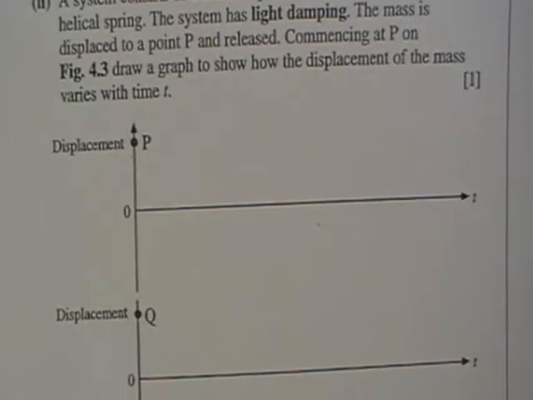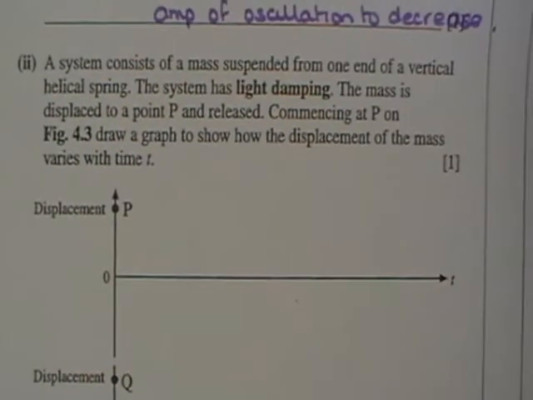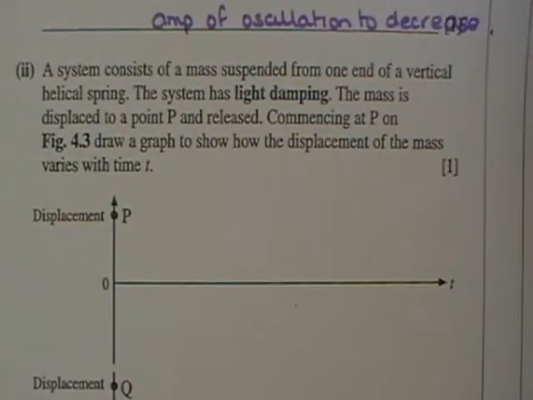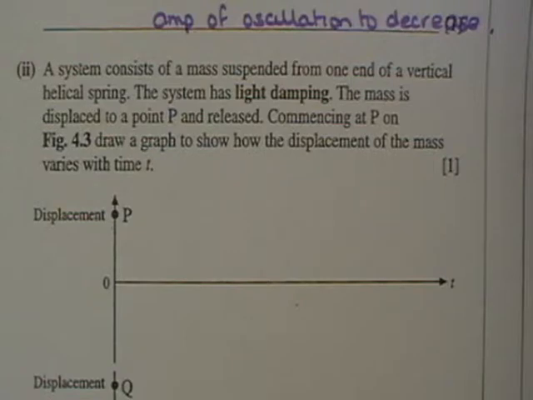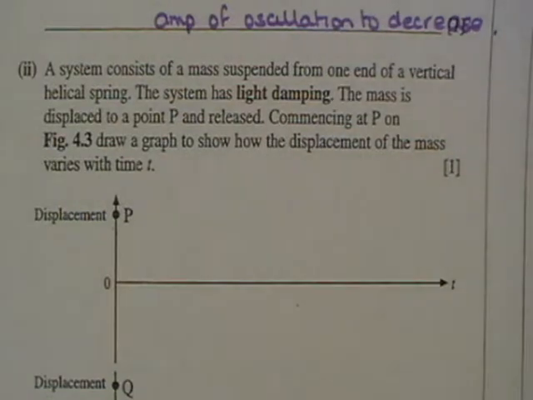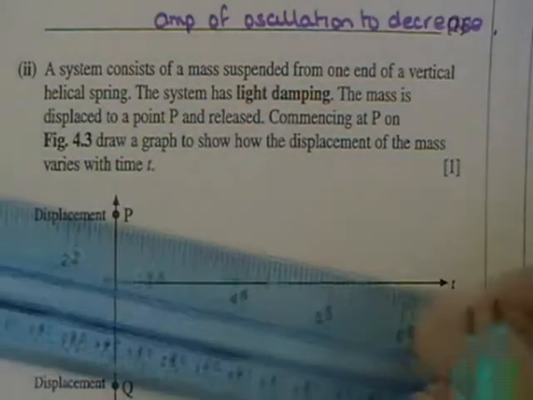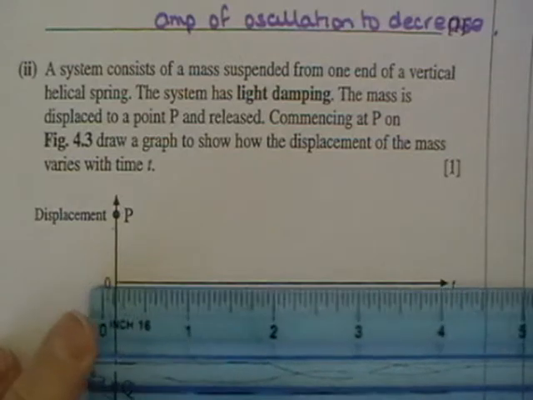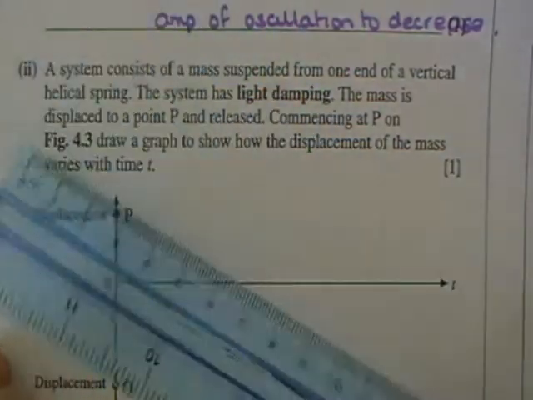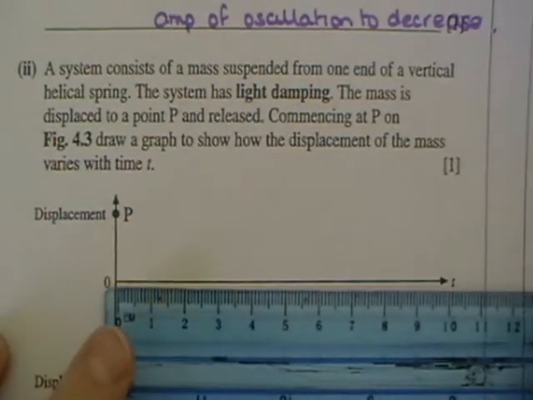A system consists of a mass suspended from one end of a helical vertical spring. The system has light damping. The mass is displaced to a point P and released. Commencing at P on figure 4.3, draw a graph to show how the displacement of the mass varies with time. And therefore what we're going to show is lightly damped oscillations, so steadily decreasing amplitude.